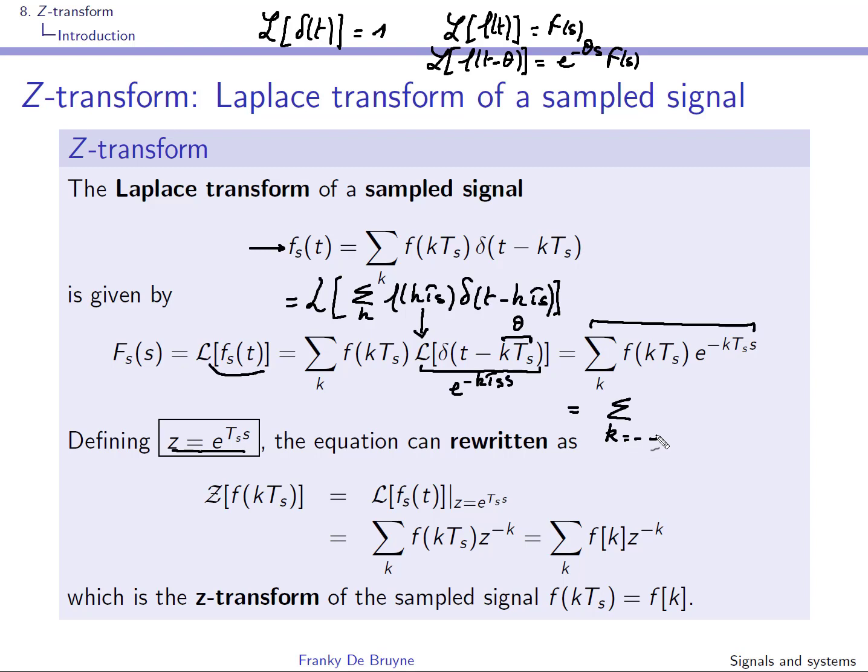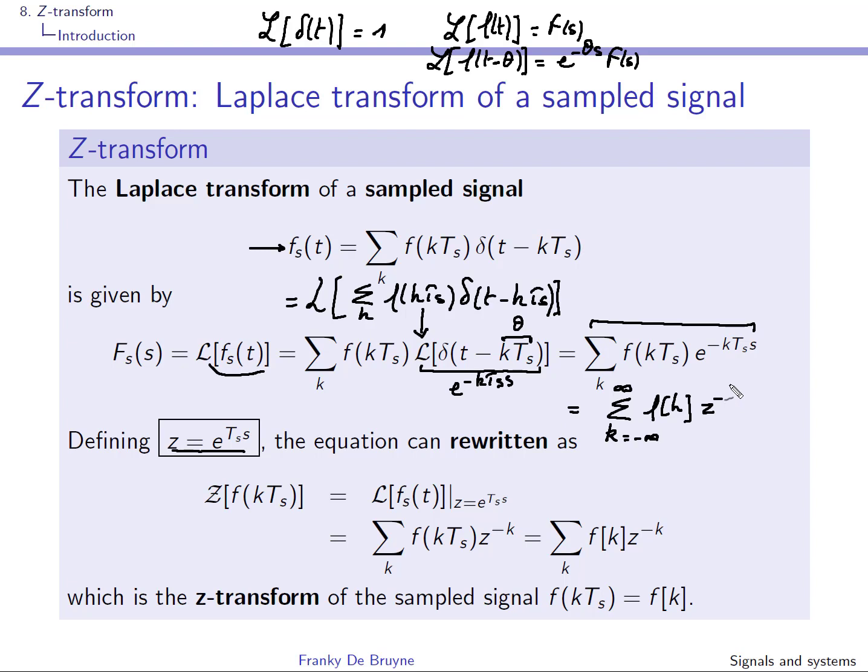Remember that k is ranging from minus infinity to infinity. Instead of writing explicitly the dependence on Ts, we'll use this kind of short notation f of k, and we'll write this one here using the z that we have defined.